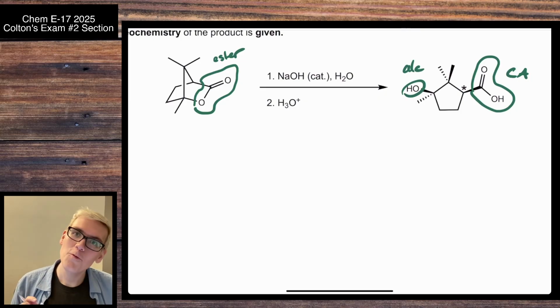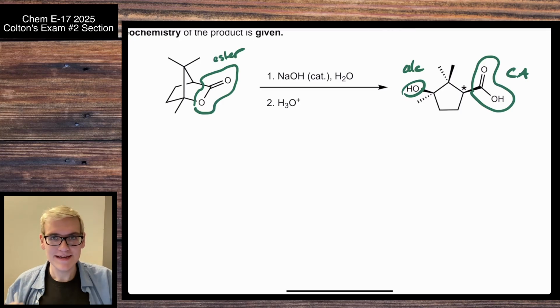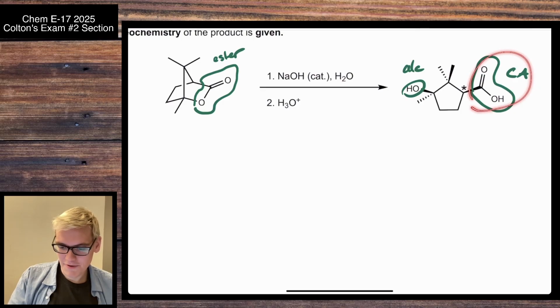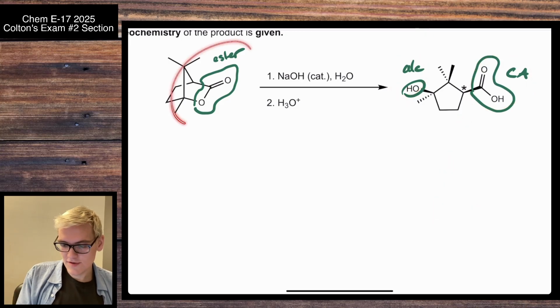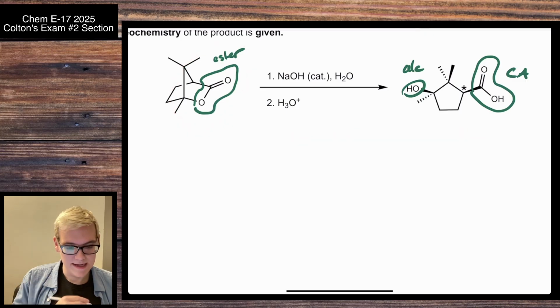Ooh, carboxylic acid, alcohol, ester. Those feel related, because we know that if we had a carboxylic acid, alcohol, and H+, it could form an ester. Well, isn't this also what we get when we break up an ester? If we break open an ester, we should get a carboxylic acid and an alcohol.